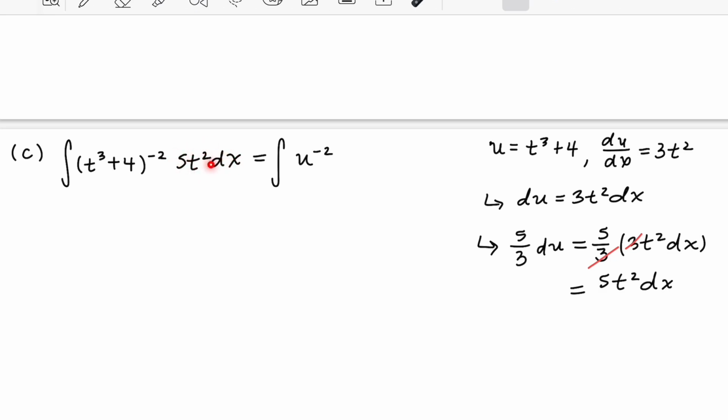So this tells us that this 5t² dx is equal to 5/3 times du. All right. We can pull this 5/3 out since it's a constant.